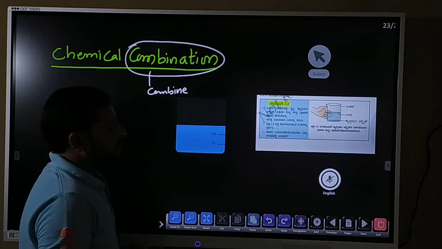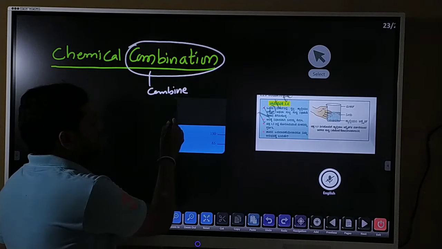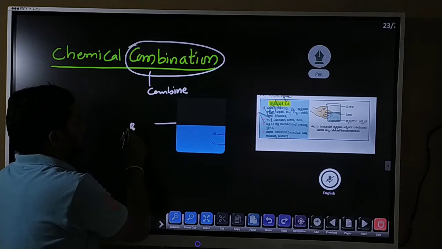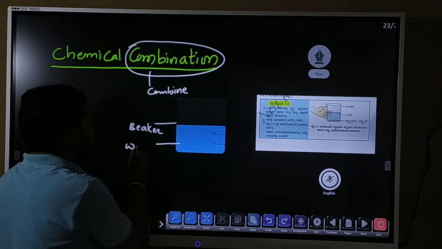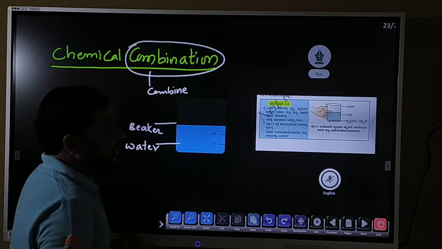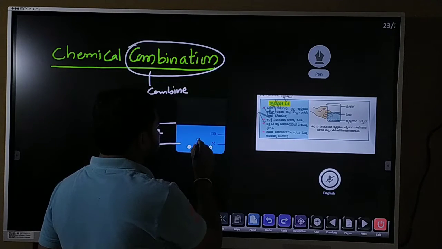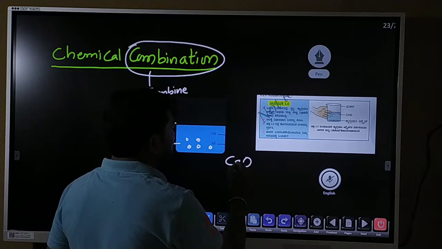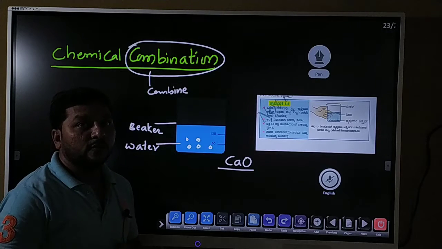Collect a beaker, and inside the beaker we will collect water, and add calcium oxide, CaO. We will call it quicklime.